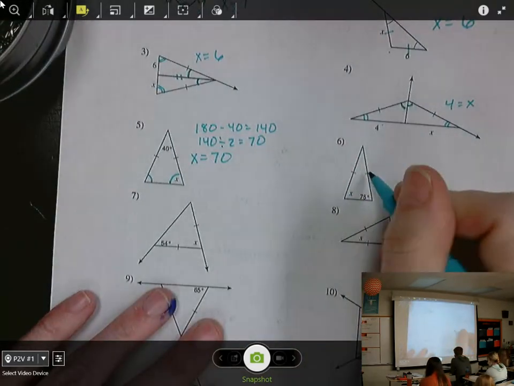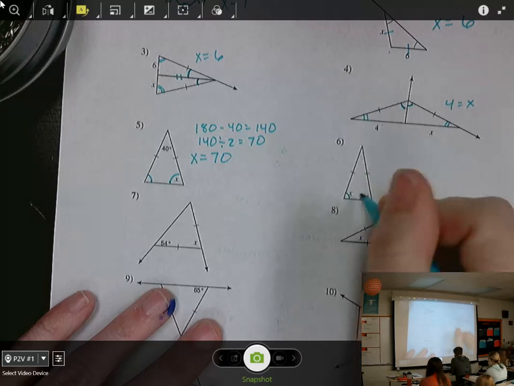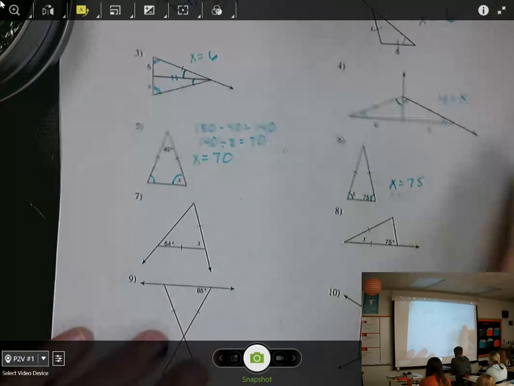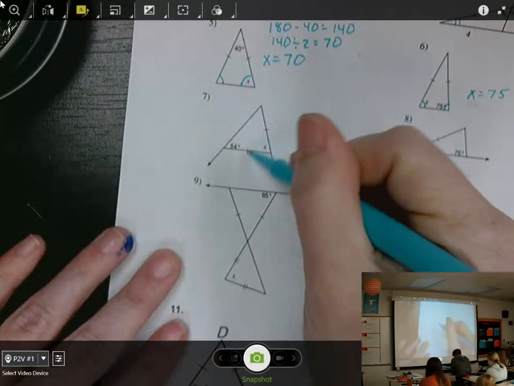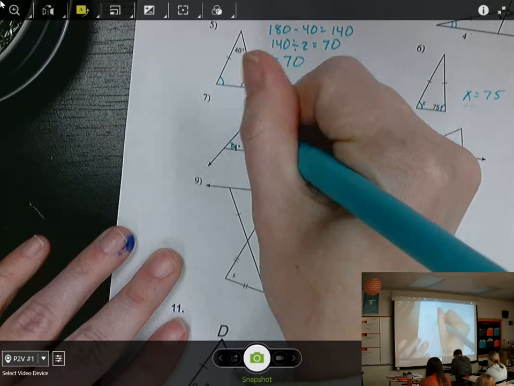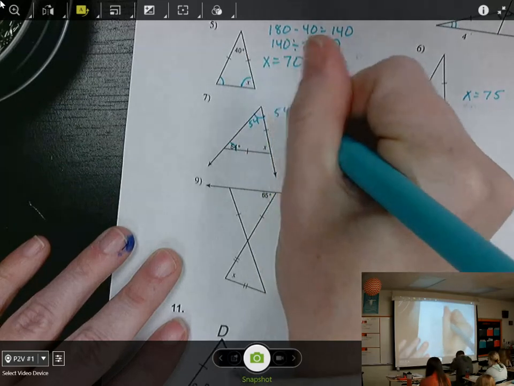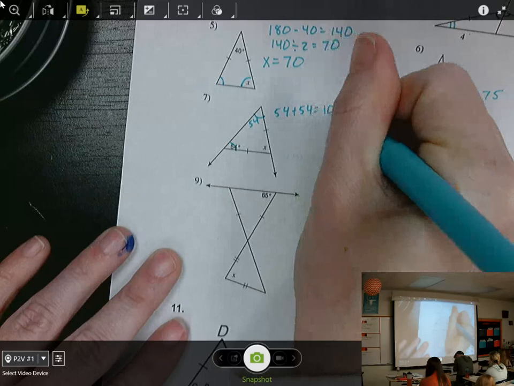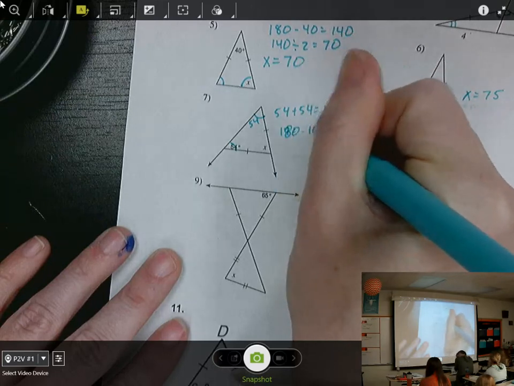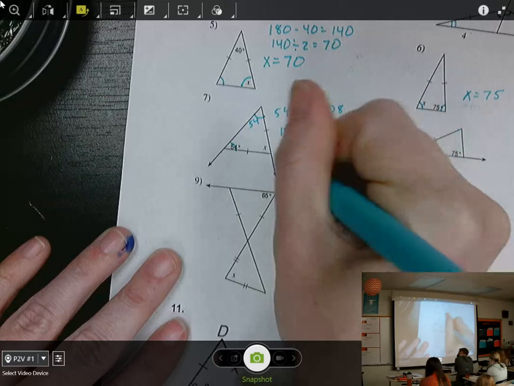Number 6, these are the two legs, so these would be the base angles, so they're congruent, so X would have to equal 75. These are the two legs, so here would be a base angle, and here's a base angle, so these are 54, so you would do 54 plus 54, which is 108, and 180 minus 108 would be 72, so X equals 72.